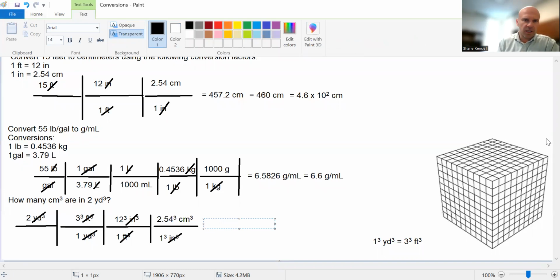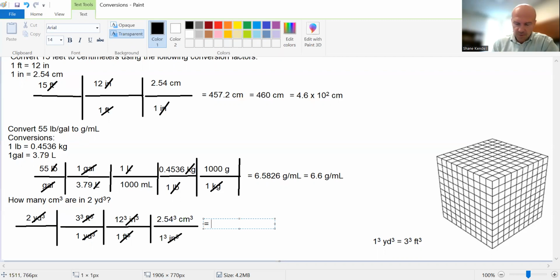I'm familiar with the power button on my calculator, and so it's reasonably easy. But even if you weren't sure exactly what to do with the power button, you could always just multiply in the numerator 2 times 3 times 3 times 3. That's what 3 cubed is. Times 12 times 12 times 12 times 2.54 times 2.54 times 2.54. Or you could just use the power button if you're familiar with that one. So 2 times 3 to the power of 3 times 12 to the power of 3 times 2.54 to the power of 3.